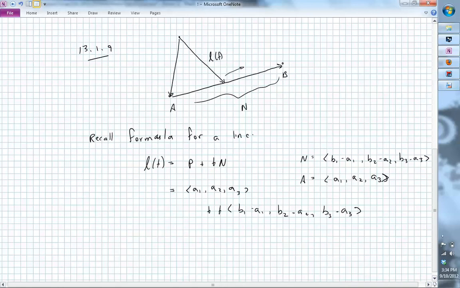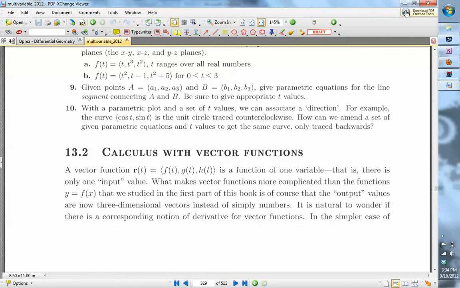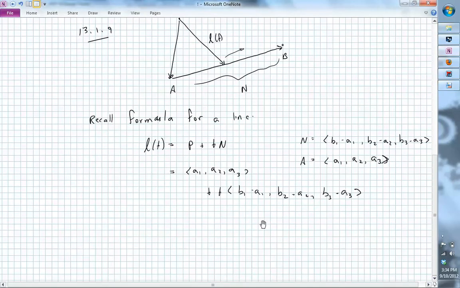The real reason I'm talking about this problem at all is give parametric equations. What does that mean? Whenever you're asked for parametric equations, what you're being asked for are the coordinate functions.